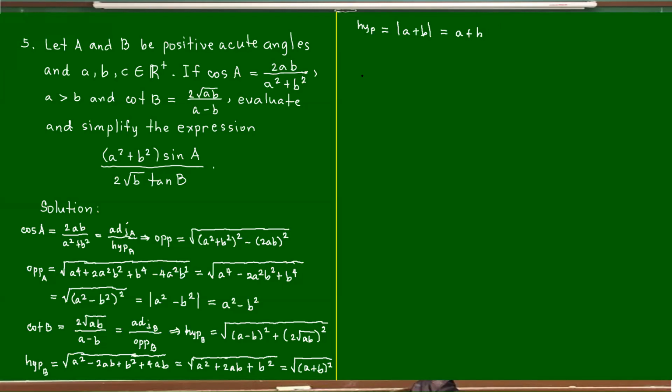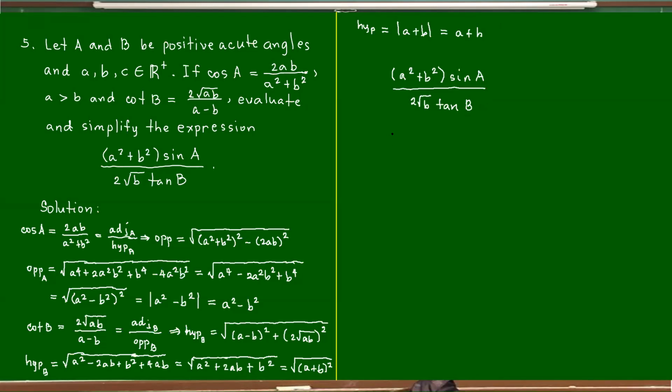Can we now evaluate the expression? So I think we're now ready to evaluate the expression. So we have A squared plus B squared multiplied by sine A, and that is all over 2 square root of AB, then tangent of B. Okay?